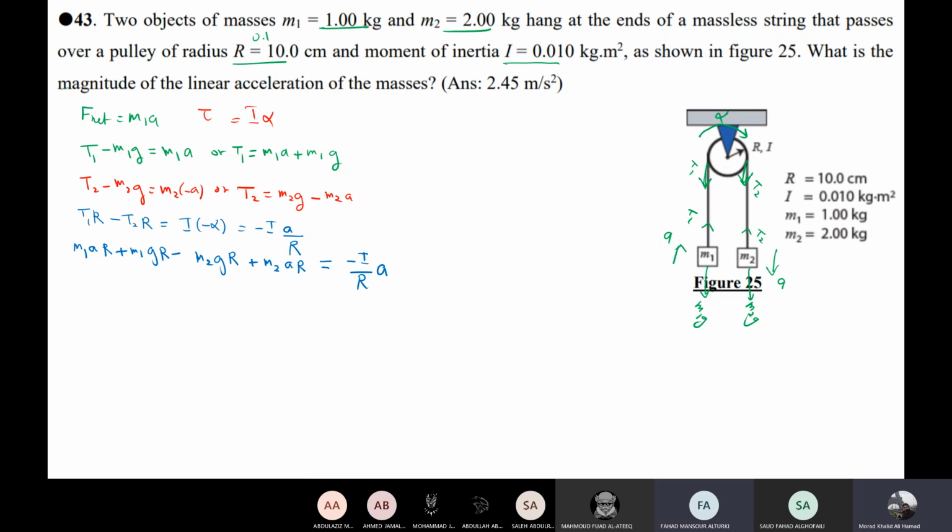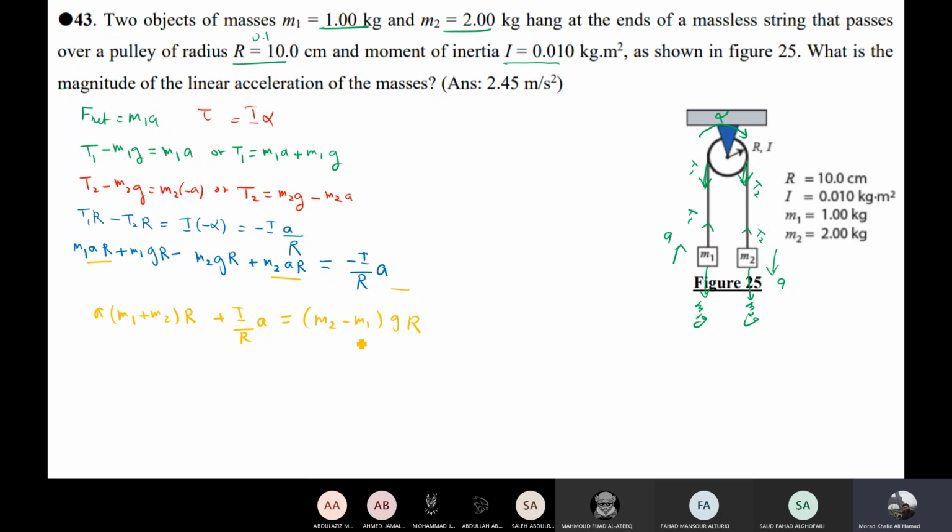Correct? Yes. Okay. Where are the terms with acceleration? We have this term, this one, the last one, this one, and this one. I will bring them together. I will put A as a common factor, multiplied by M1 plus M2 times R plus I over R, and A will equal M2 minus M1 times GR.